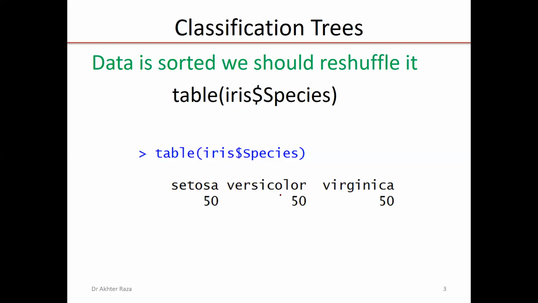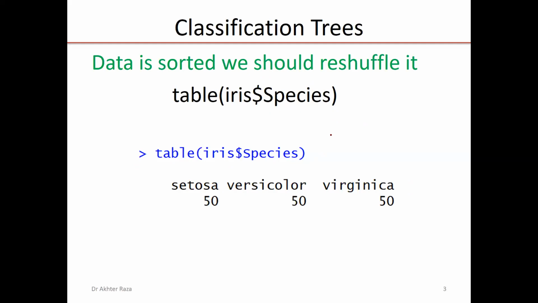Now you can see what the table command will do. In the table command you have to specify a factor variable, so iris$Species. The table command will show a frequency table of the species. So there are three species values: Setosa, versicolor, and virginica, and we have 50 observations for each. The table command is a very important command. It shows you a contingency table.